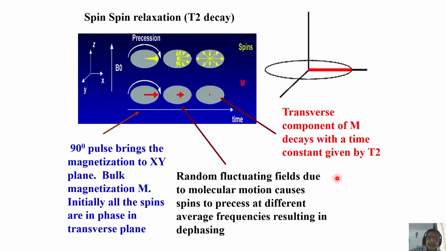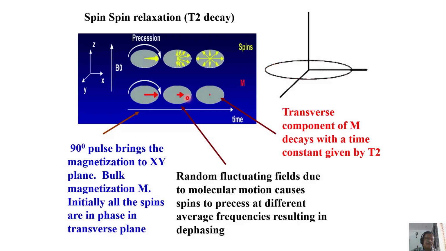And this is the diagram which tells you how the phase coherence takes place. Apply a 90-degree pulse, bring the magnetization to this place. And then the spins start undergoing decoherence here. Initially, there is full magnetization, complete intensity. Intensity is maximum at this point because there is a temporary statistical phase coherence.